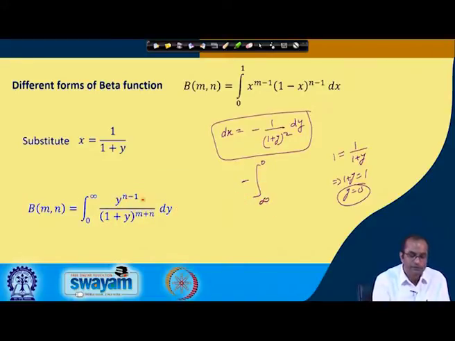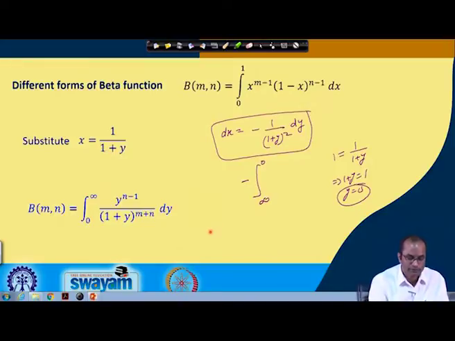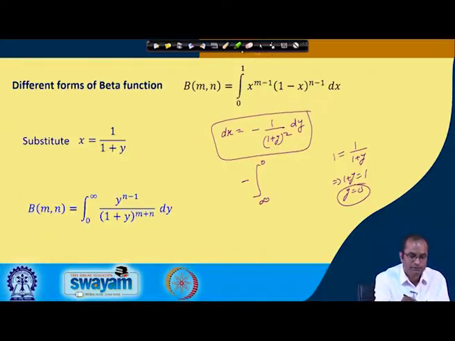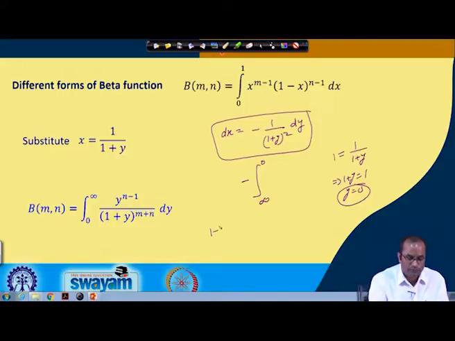And then we have this x replaced by 1 over 1 plus y. So, we will have here 1 over 1 plus y power m minus 1, and from here we can also get this 1 minus x. So, what will be 1 minus x? 1 minus x will be 1 minus 1 over 1 plus y, and this is 1 plus y minus 1 over 1 plus y.